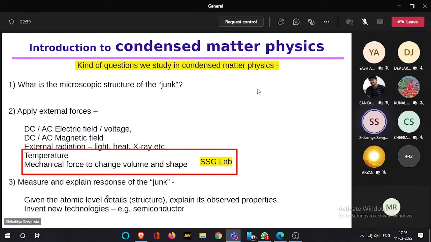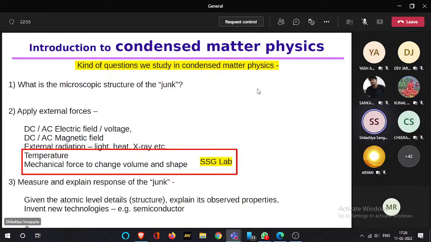This is the second part of this experiment, where you are doing this study, but the third part is crucial. The third part says that you observe the response of the material.